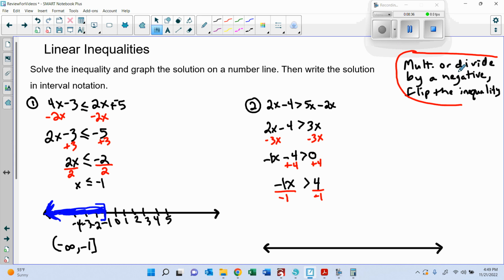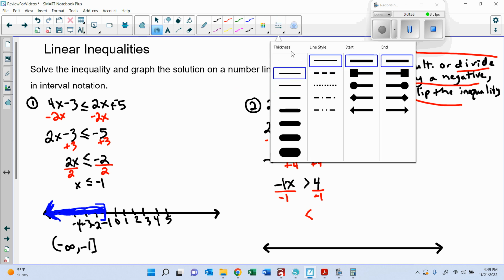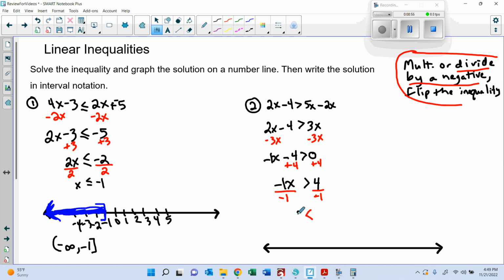I just divided by a negative, which means on the next line, I'm going to flip the inequality. So instead of greater than, it's now less than. That's what happens when you're solving and you need to multiply or divide by a negative. So I just have x on the left and -4 on the right.